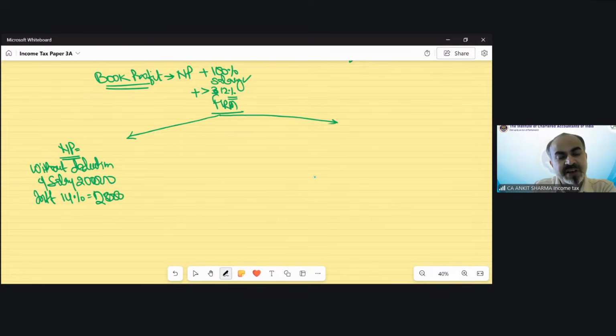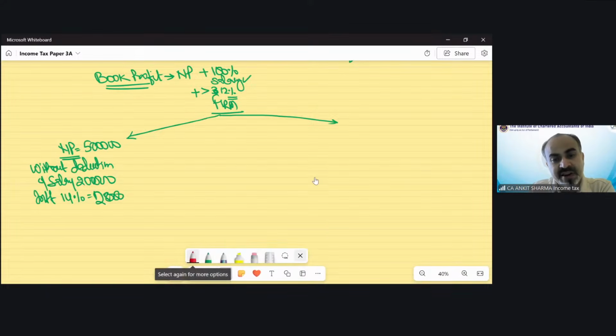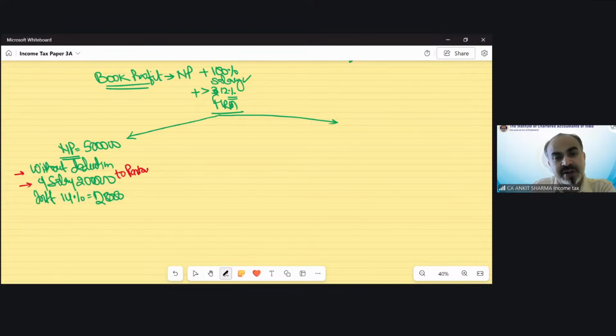So this net profit has been given, suppose 5 lakh rupees. And listen very carefully, this net profit is without deduction of salary to partner. 2 lakh rupees salary to partner, we did not deduct it yet, and without deduction of interest at the rate of 14%, which is suppose 28,000. So this profit is without the effect of these two deductions.